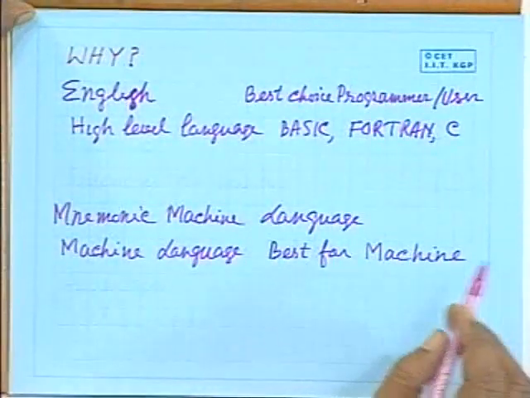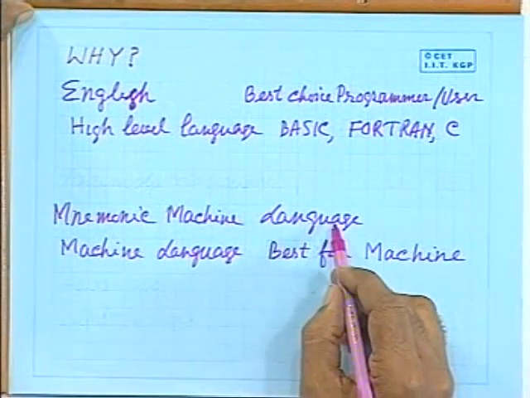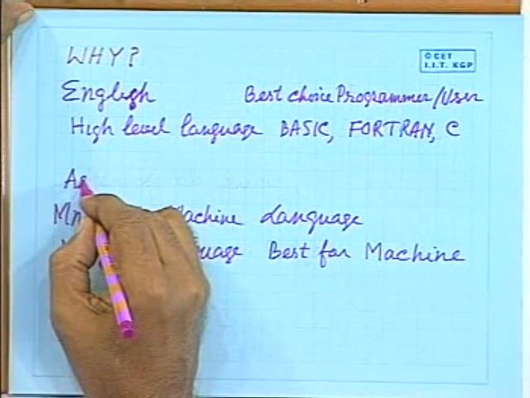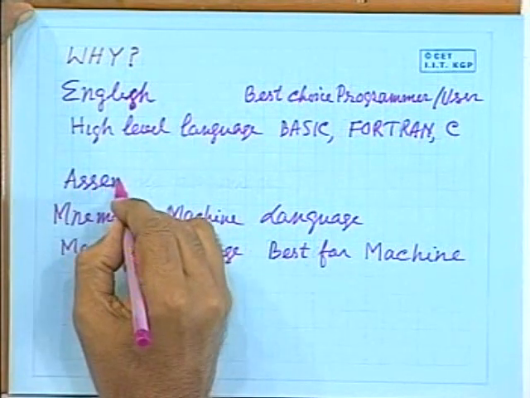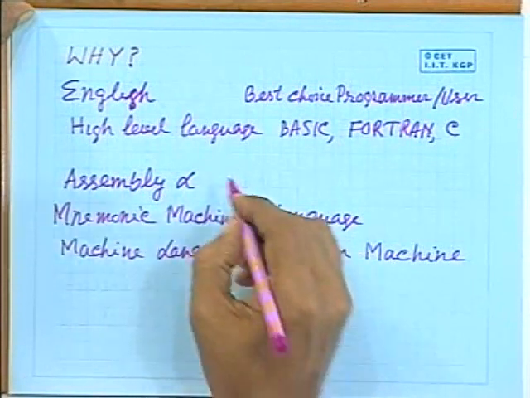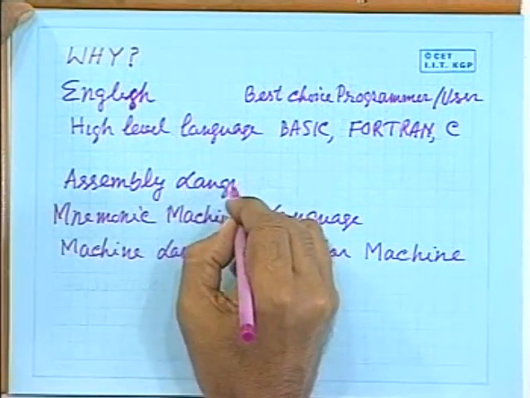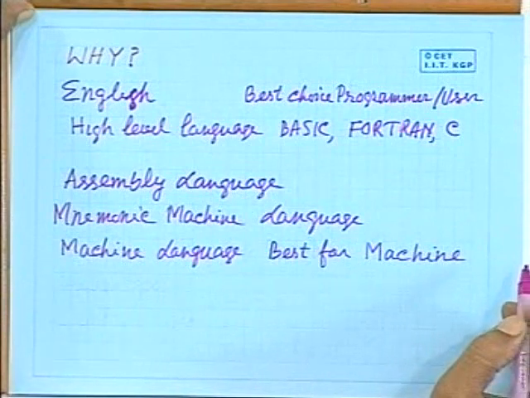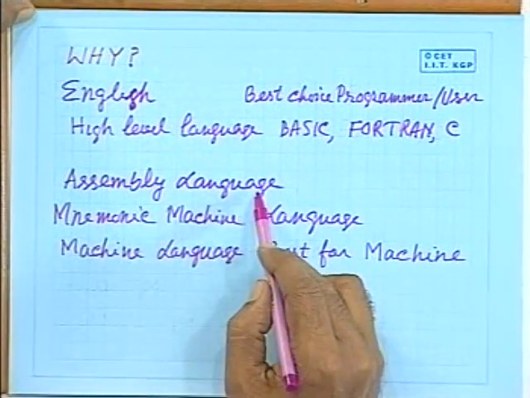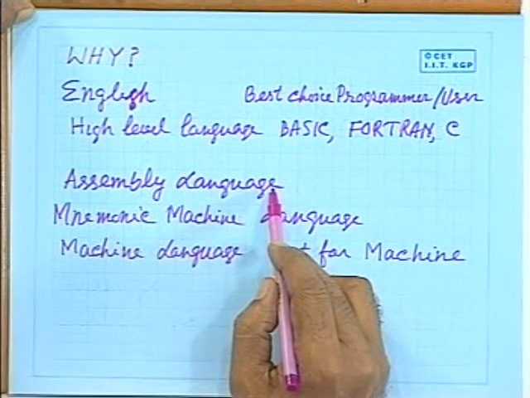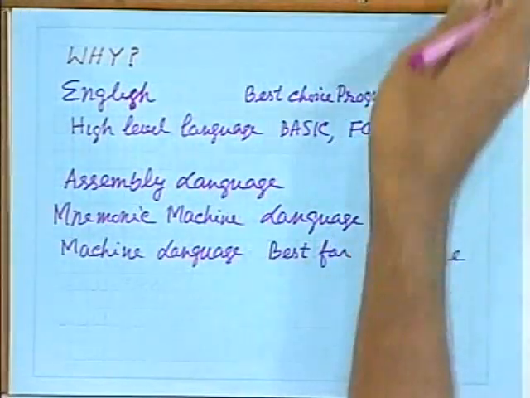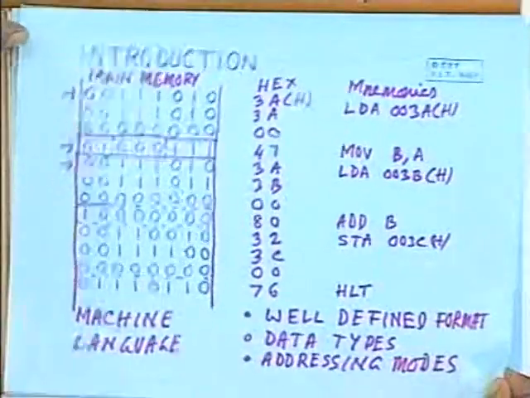However, there is another extension of this mnemonic machine language, which is assembly language. So assembly language can be considered as an extension of this mnemonic machine language. And obviously, the assembly language will have more or less one-to-one correspondence with the machine language, as we have seen in this particular case.